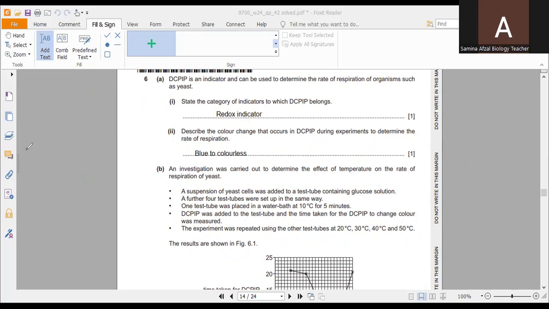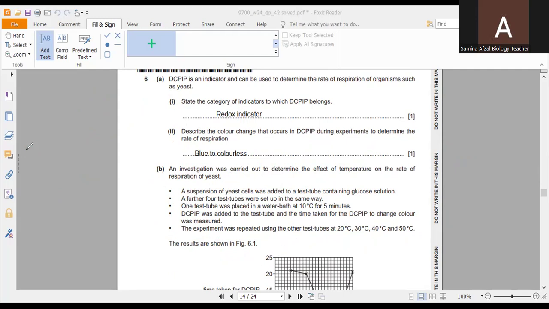DCPIP is an indicator and can be used to determine the rate of respiration of organisms such as yeast. State the category of indicators to which DCPIP belongs. So first of all, what is DCPIP?